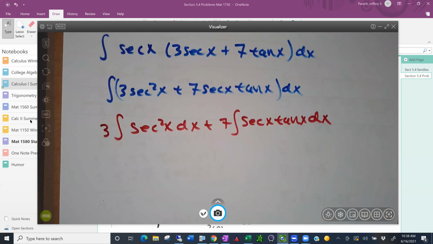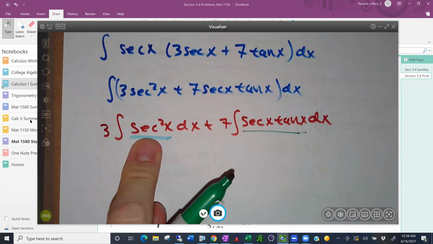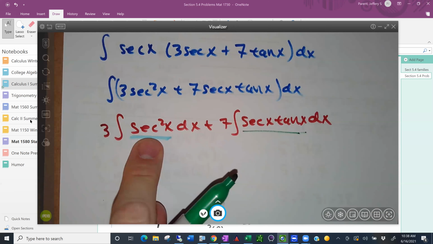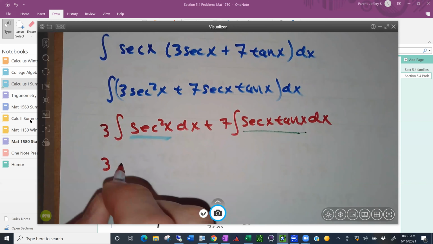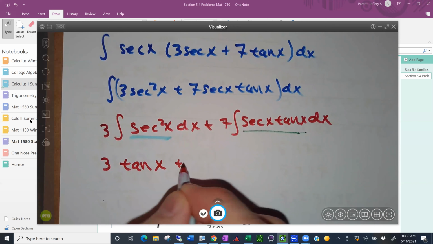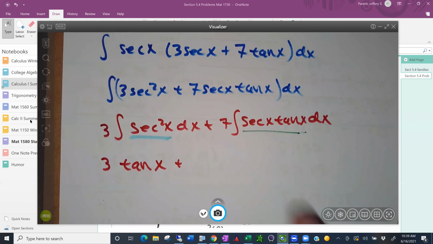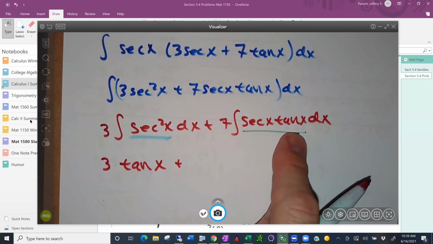All right, so I've cleaned this up as much as I can, and now I have to look critically at this function and this one and ask myself, what do I differentiate that gives me secant squared? Whose derivative gives me secant squared? Tangent. Excellent. So it'd be 3 tangent of x plus, I need something that when I differentiate it, I get secant of x times tangent of x.